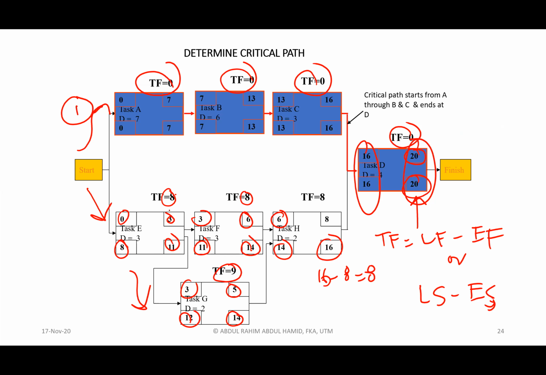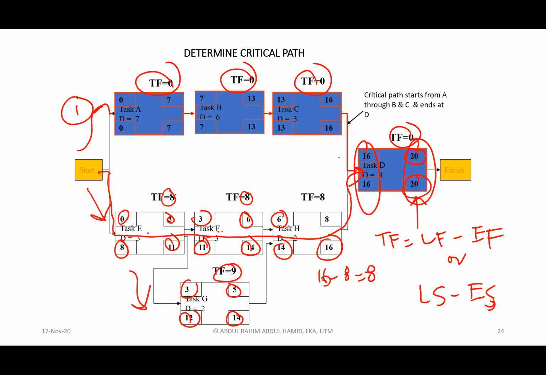Let's say E, F, and G, E, F, and H, even though each of them has 8 days of total float, it does not mean that E can use all 8 days, and then F also can use 8 days, and then H also can use 8 days. No, no, no. They are being shared among them with regard to this line, this line.